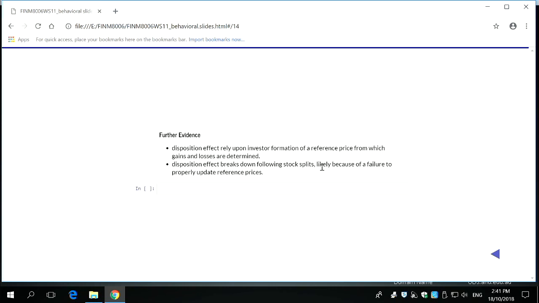So this is evidence that at least a part of this momentum anomaly is in fact caused by the disposition effect, or the price reference problem. Once your price reference is confusing, then you don't observe this disposition effect as clearly.